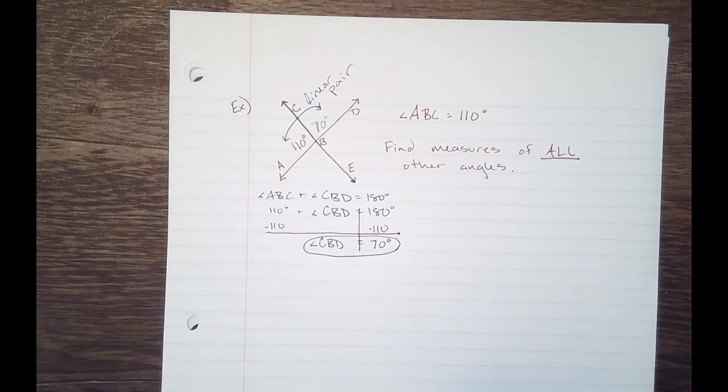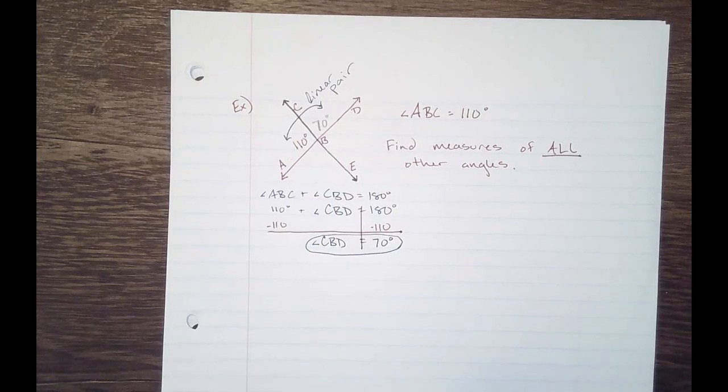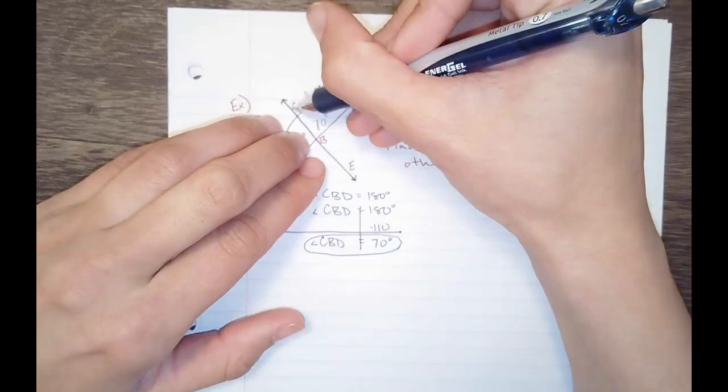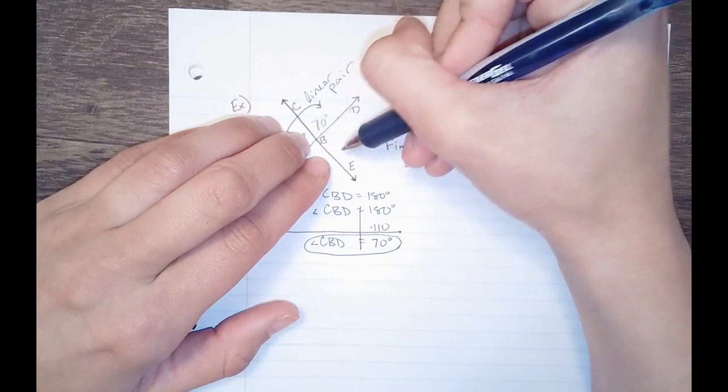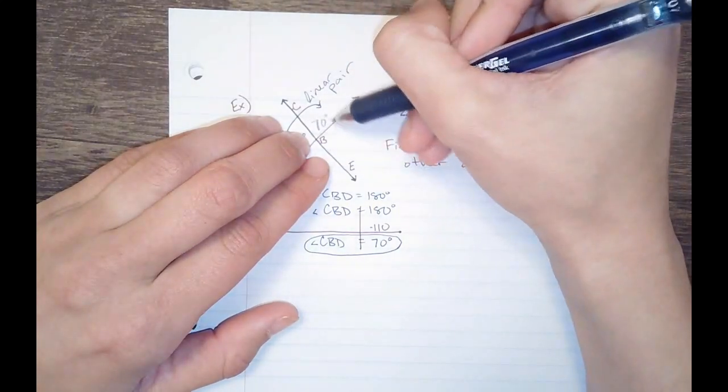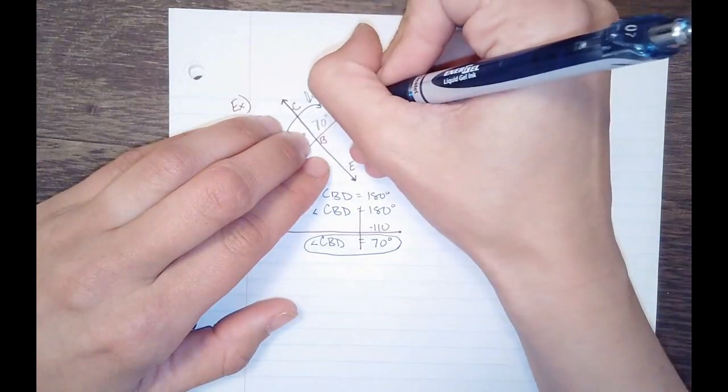So that means angle CBD plus angle DBE add to 180 degrees. Well, we know that CBD is 70.